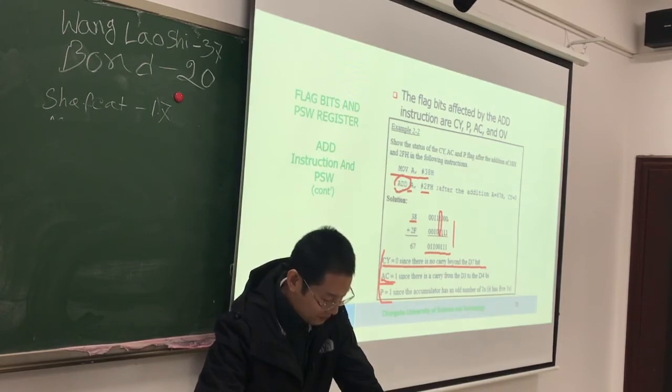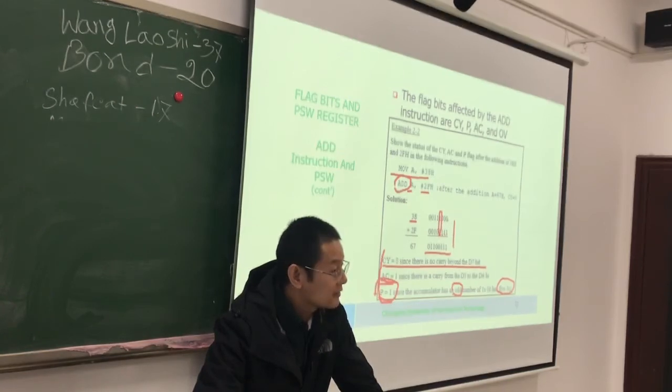P: since the accumulator has an odd number of ones, it has 5 ones, so we set P to 1.